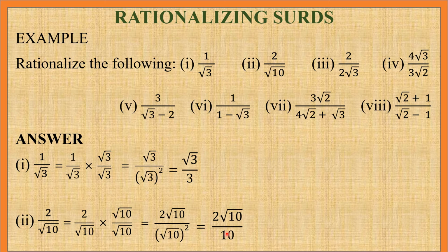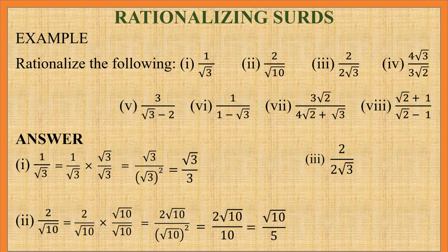But 2 is a factor of 10, so we can simplify. 2 goes into itself 1, so the numerator will be left with root of 10. Then into 10, 5, so the denominator will be left with 5. So this will now be root of 10 over 5, rationalized and simplified.